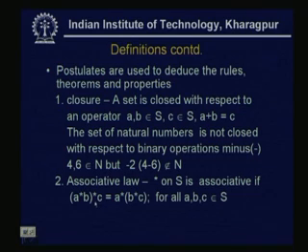The result we get, if it is equal to the result when the operator operates on B and C first, and then the operator is again operated on the other element A and the result of B star C, if these two results are equal, then we call this rule associative.